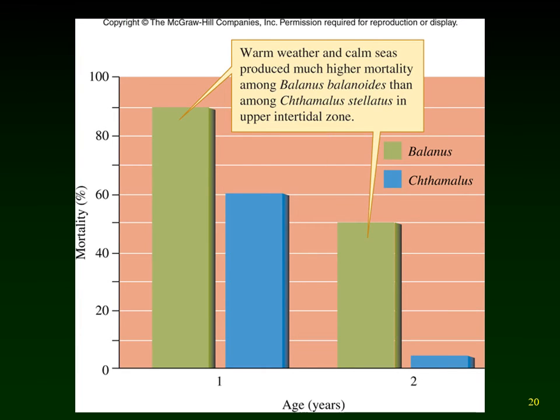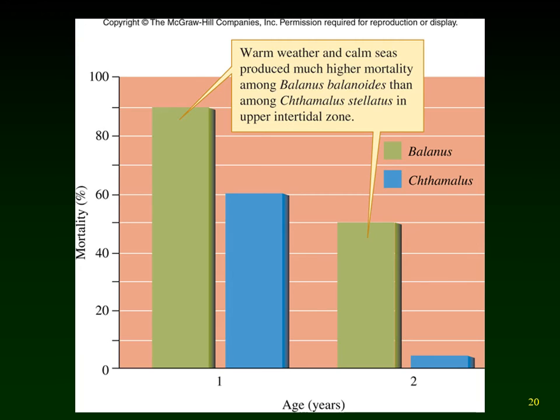The blue bars are the Chthamalus and the green bars are the Balanus. The average age of the barnacles is on the x-axis, and their mortality is on the y-axis.